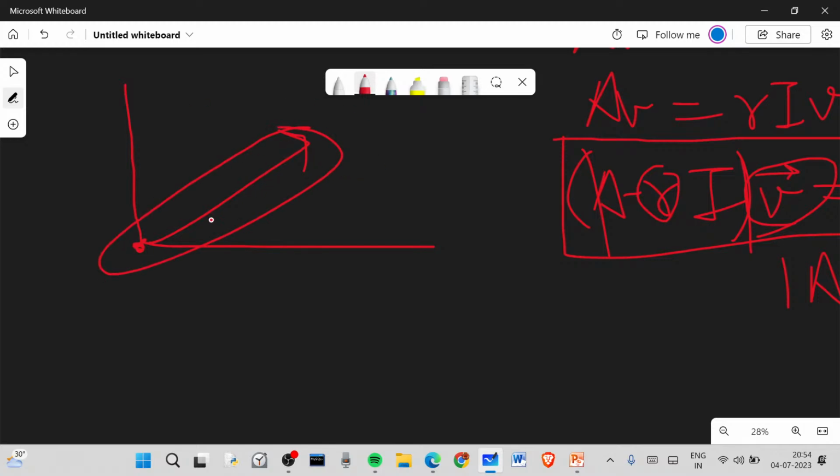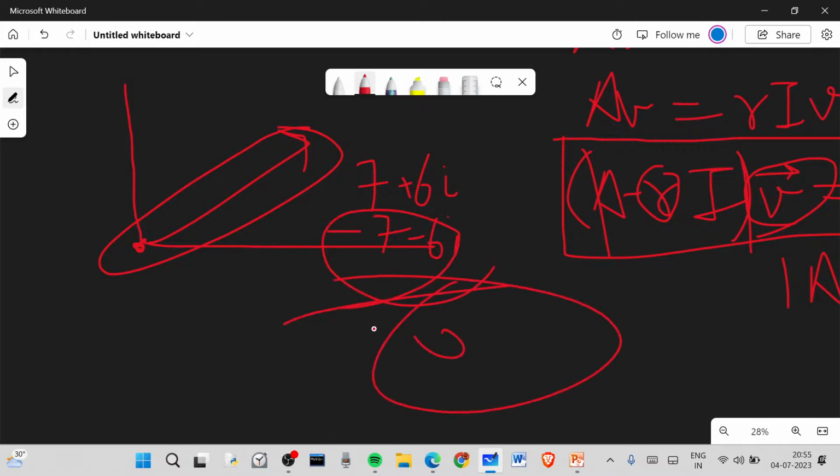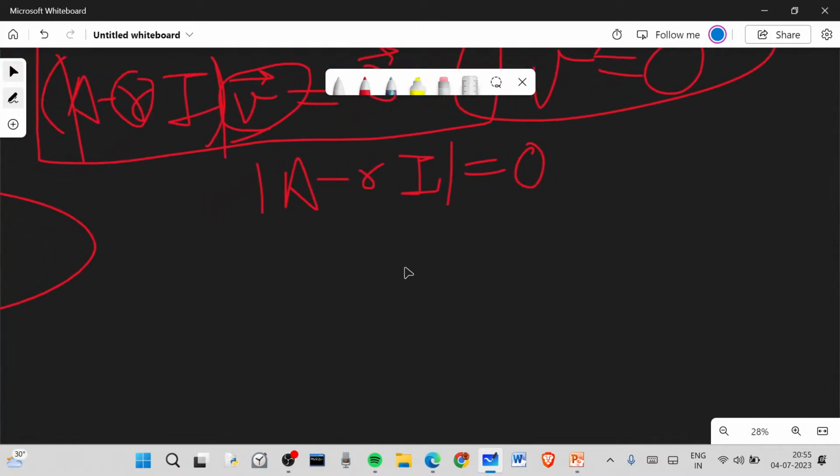You can do some transformations to make it 0. For example, let's say it's 6 plus 7 plus 6 iota. It's a complex number, but same thing, right? Using rotation, like a transformation like this, we are getting the zero vector. However, matrices are something more vast than that.